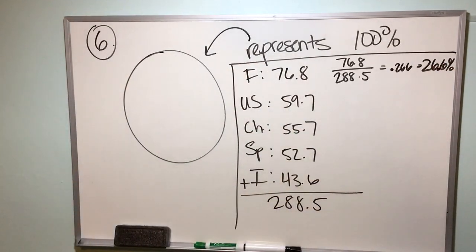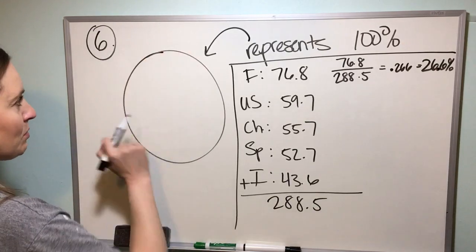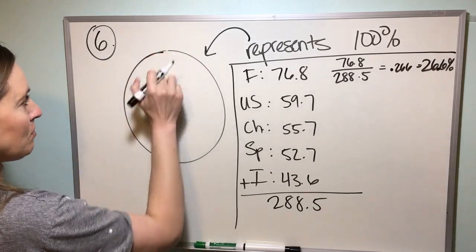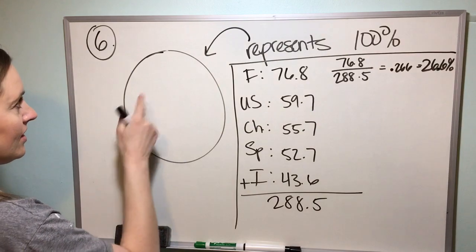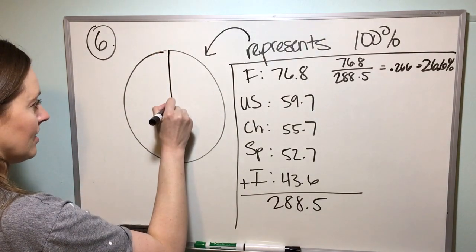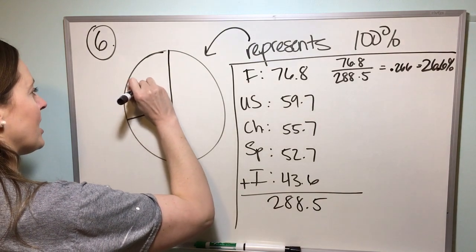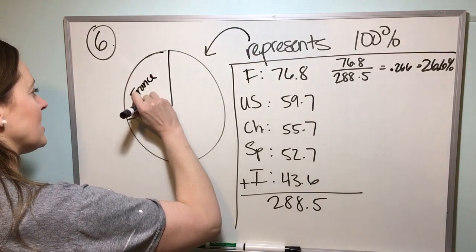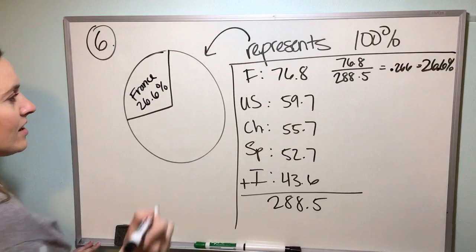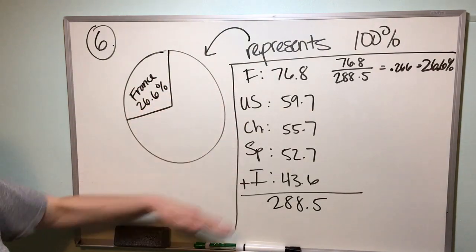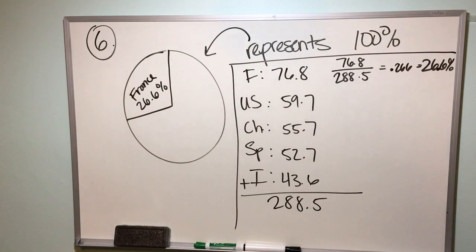So now you'll take that and you'll slice a piece of pie that's about 26%. Well, I know a quarter would be like here and then here, so I'm just going to make it slightly more. So I'll write France at 26.6%. Okay, go on down the line and do that for everyone.